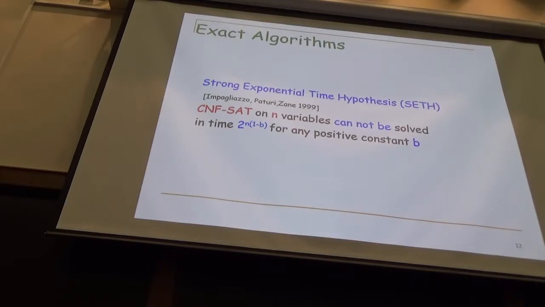Well, that problem is solvable in 2 to the n time, maybe times a small polynomial. You just try all assignments, and each one takes you polynomial time to test. And the hypothesis says that you can't solve it any faster, so you cannot reduce the exponent from 2 to the n to 2 to the 0.99.